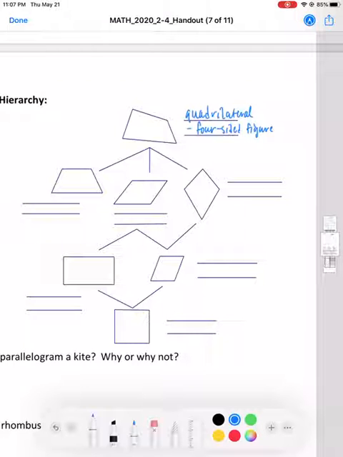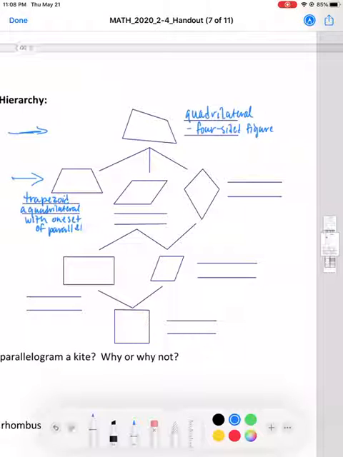The next one here, as we go down the levels of the hierarchy, so here's the top level right here. Here's the next level. In the next level all the shapes are quadrilaterals, but with one additional characteristic, something special about them that makes them different from the generic quadrilateral. This first one is called a trapezoid. And a trapezoid is a quadrilateral with one set of parallel segments, sides.